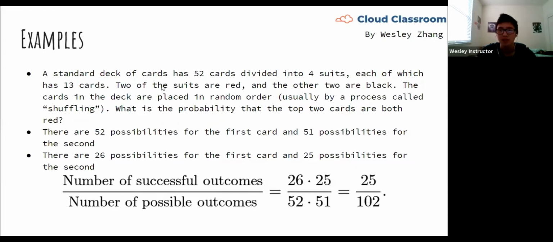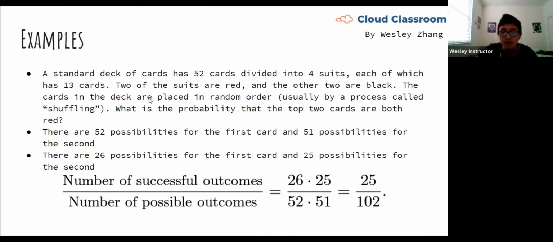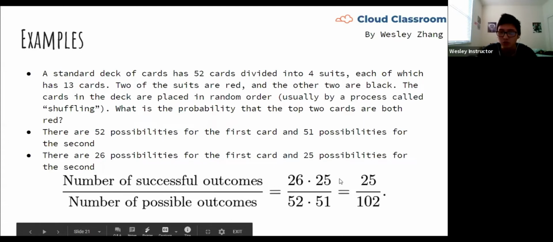So there are 26 possibilities for the first card and 25 possibilities for the second. It's 26 because half of the cards are red, and if we pick a red card, then we lose a red card. So that's how we get the 25 for the next one. So this is really 26 over 52 times 25 over 51, and this equals 25 over 102.